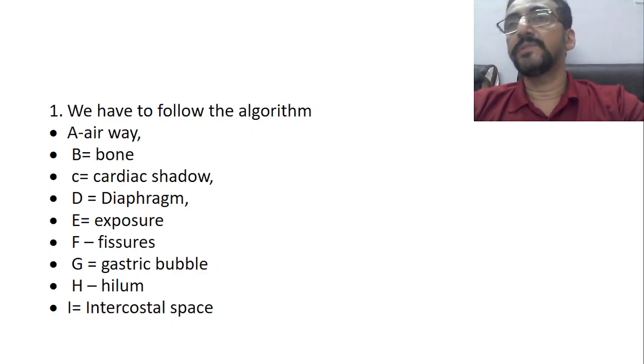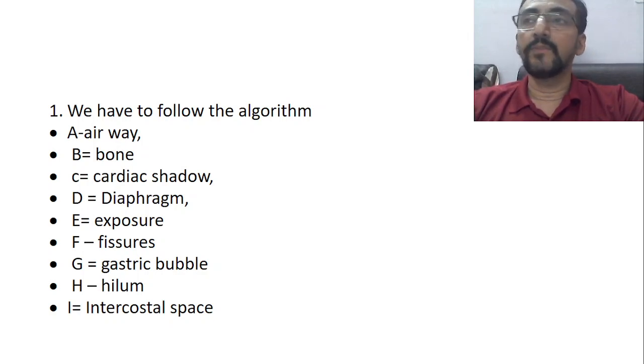In children especially, any changes in the hilum should be understood very clearly, because usually the hilar lymph nodes get enlarged in children owing to any type of exposure to infection or allergy, especially in those children who are getting BCG vaccinations.